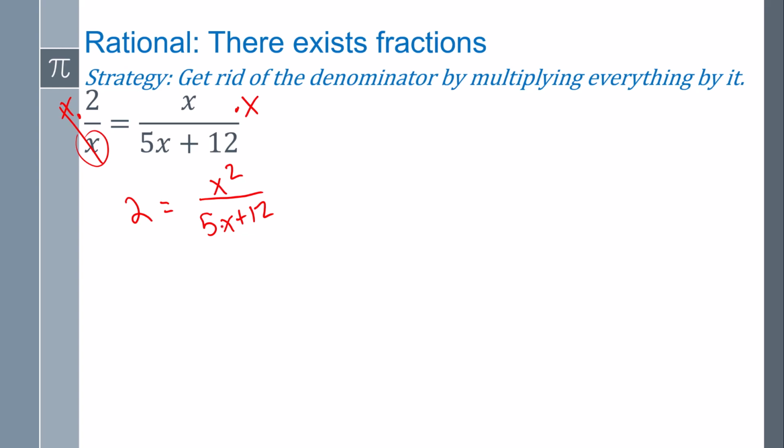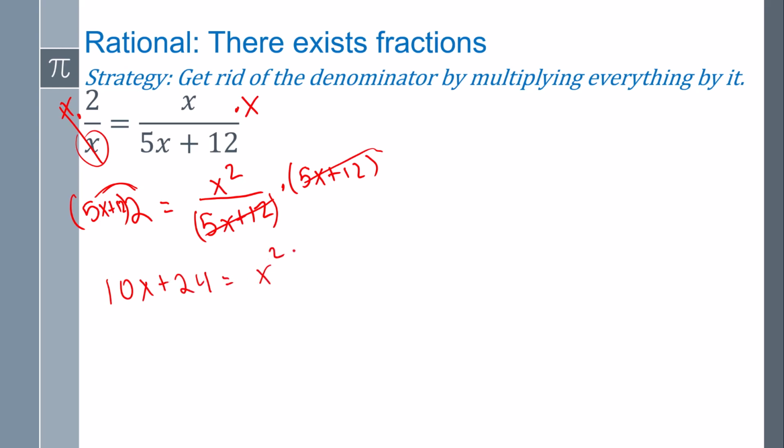What else is in the denominator now? This 5x plus 12. So we're going to multiply both sides by 5x plus 12, and so this is going to cancel out. Distributing that 2, now I get 10x plus 24 equals x squared. Now again, we ask ourselves, what type of equation is this?